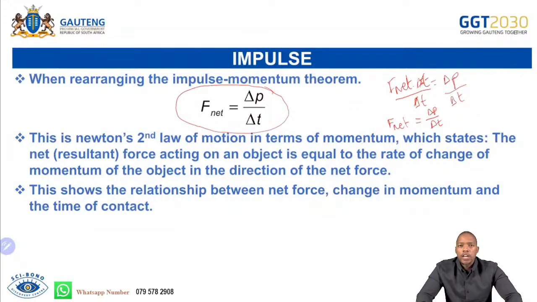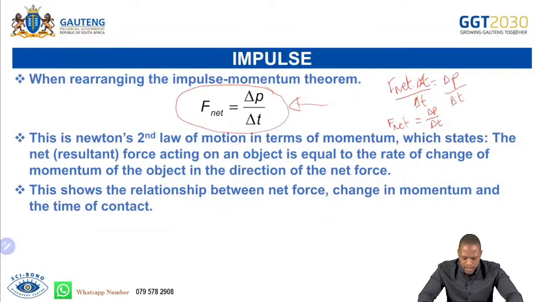In maths, they say we're making F net the subject of the formula. So you should arrive at a rearranged formula where it now says F net is equal to delta p over delta t.